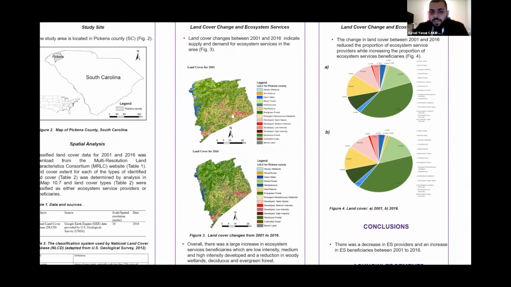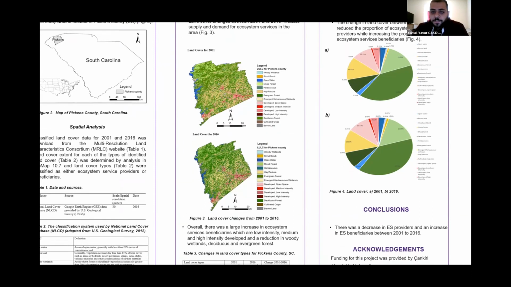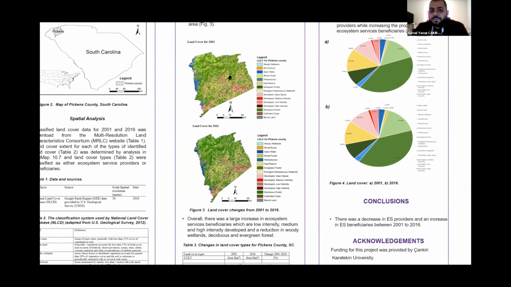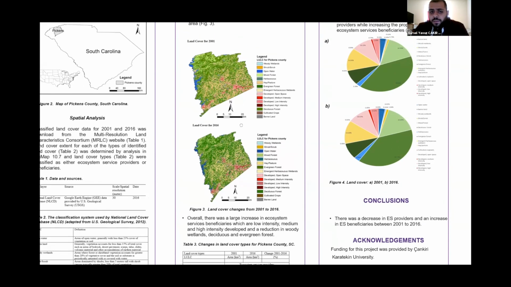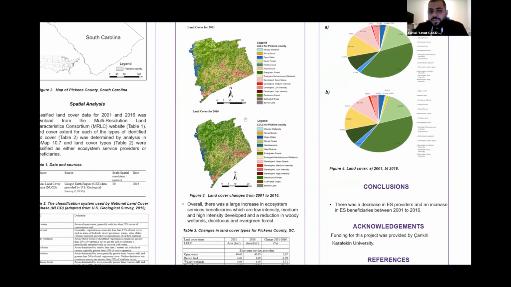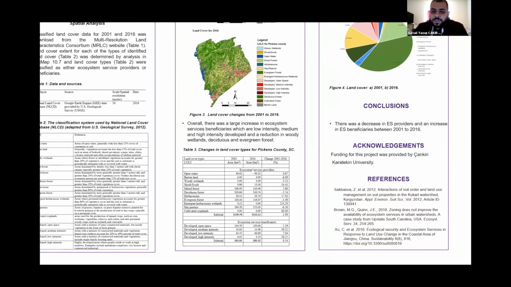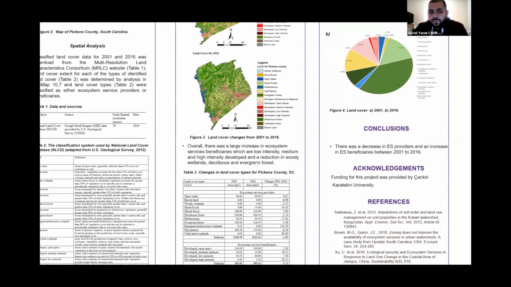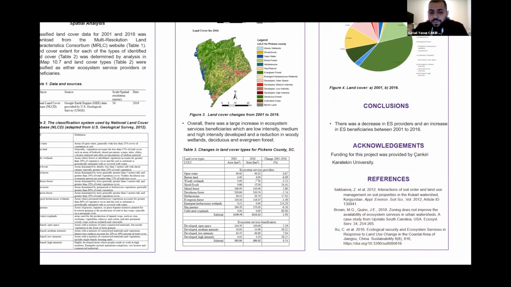Here are land cover types for 2001 and 2016. Actually, there is mostly forest and then water. To see the difference is too difficult. That's why I calculated the value for the land cover types.